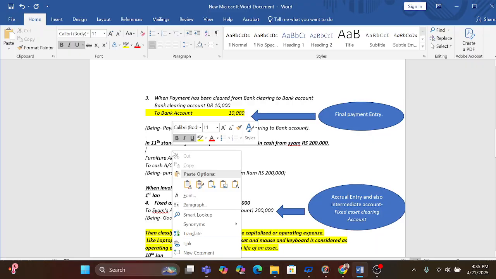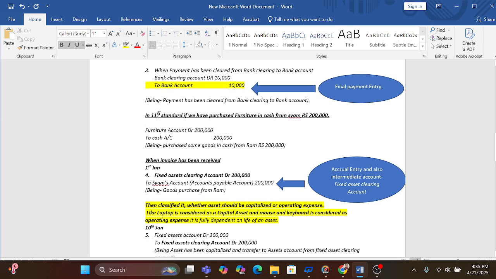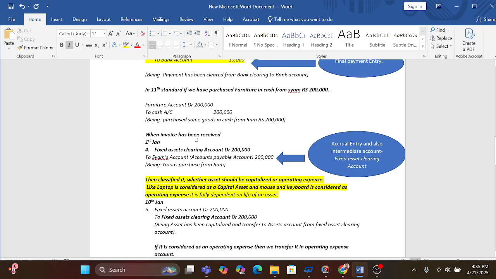I have another example of furniture. In 11th standard we have seen that if we purchase the furniture in cash, then our entry will be furniture account debit to cash. But in a corporate we use fixed asset clearing account debit to Shyam's account or accounts payable account.